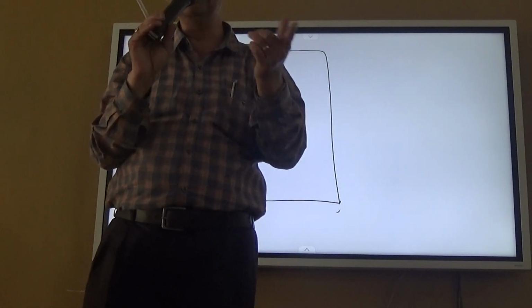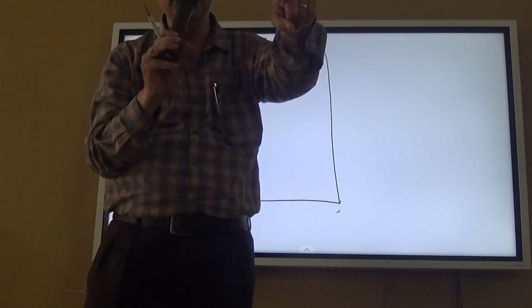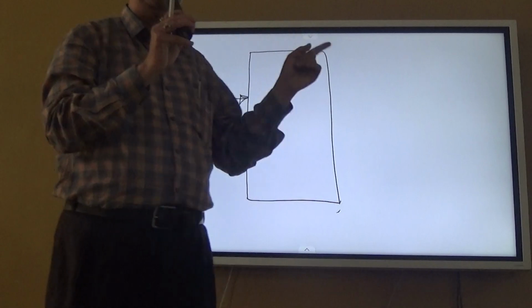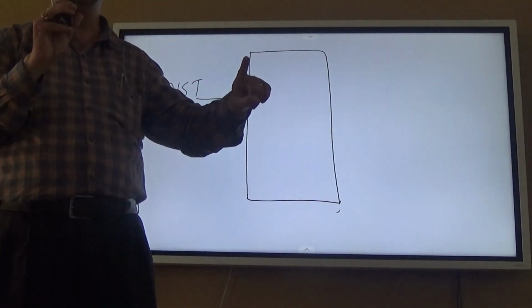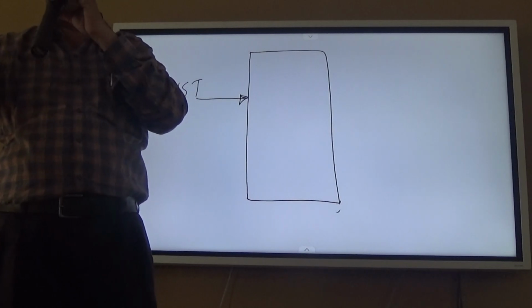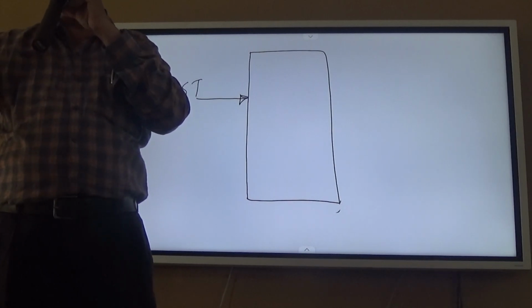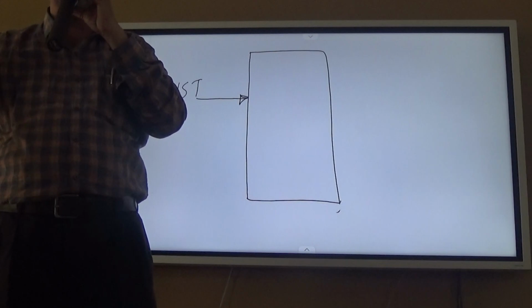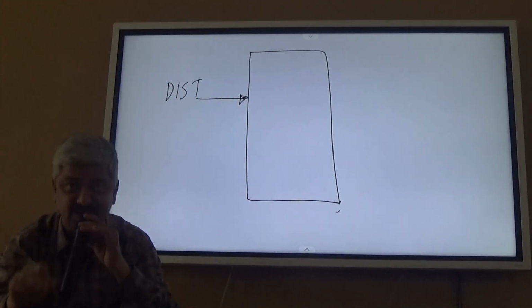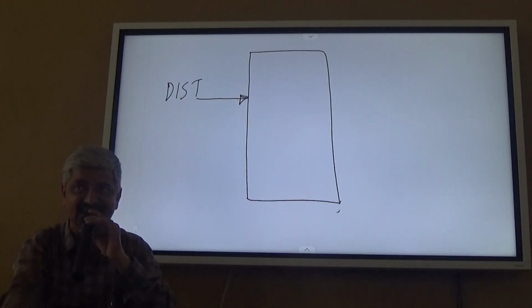So, as the name suggests, it's a disturb pin. If the disturb pin is 0, nothing happens. The disturb pin is going to distract the attention of the microprocessor wherever it is.